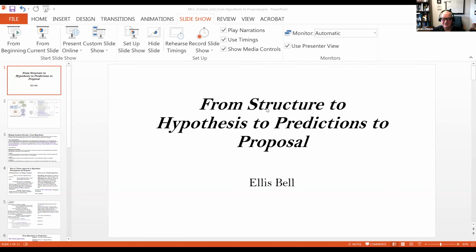How do you go from structure to hypothesis? And then an important part of that is, how do you go from hypothesis to predictions, and then to the proposal for what experiments you're going to do. And we step through that as you'll see.